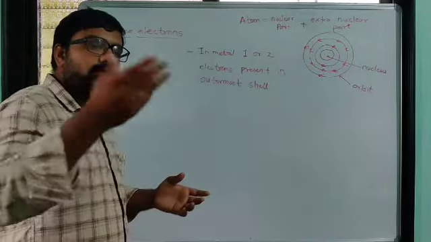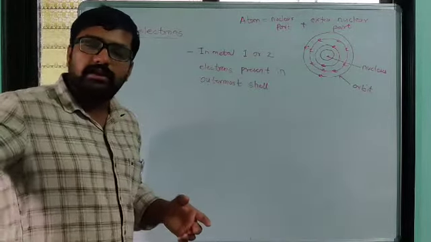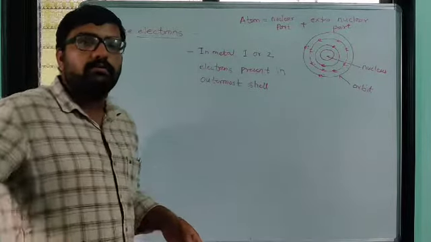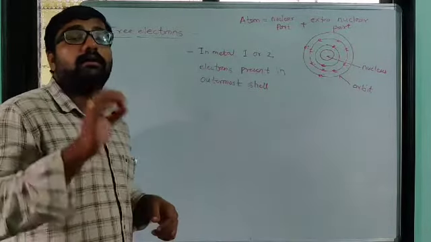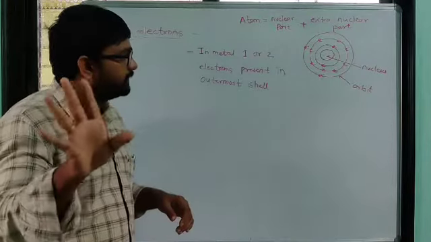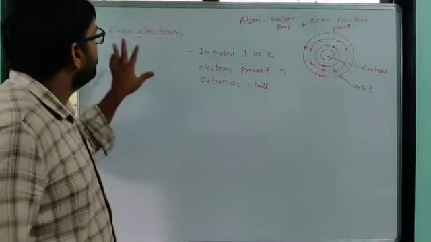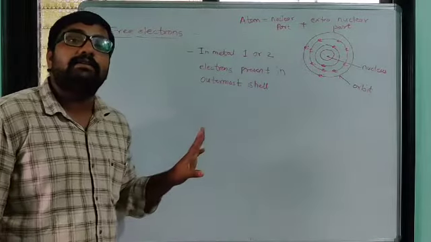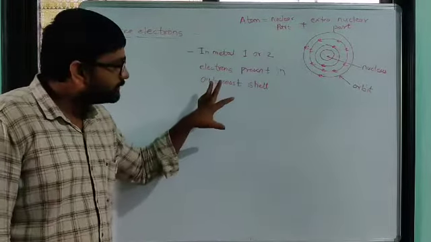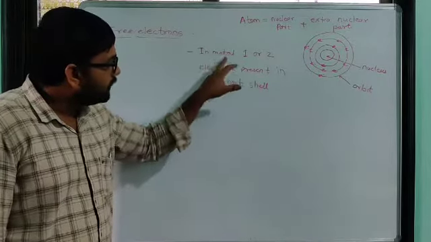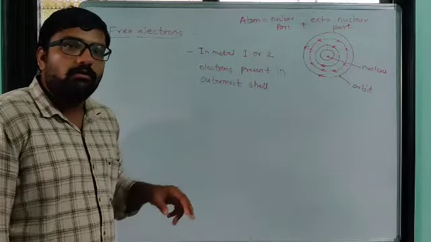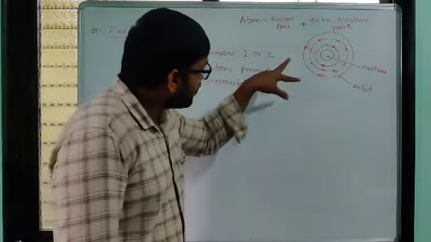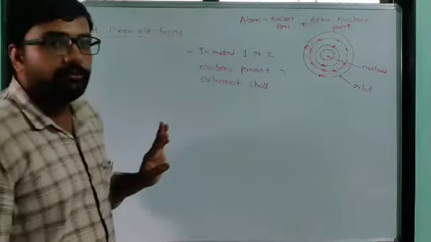These electrons move from one atom to another atom, such that they can move from one part of the metal to another part. We see this in metals, where one or two outermost shell electrons are present, and those electrons are loosely bound to the nucleus.